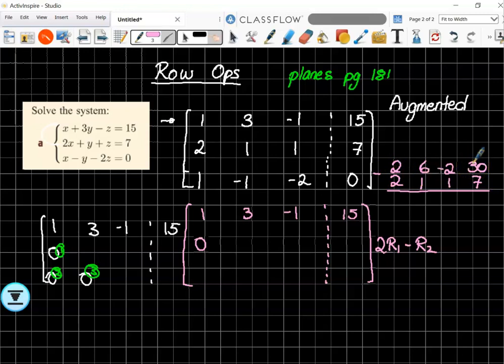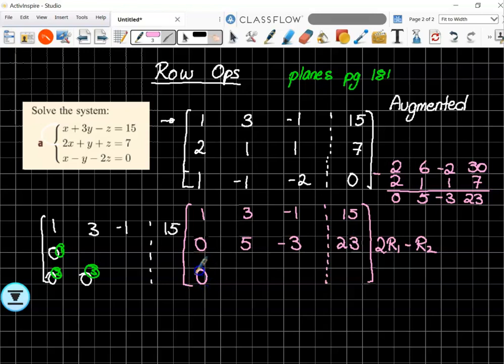So if I write it down: 2 take 2 is 0, 6 take 1 is 5, -2 take 1 is -3, 30 take 7 is 23. And we put that here: 0, 5, -3, 23. Are we happy with that?